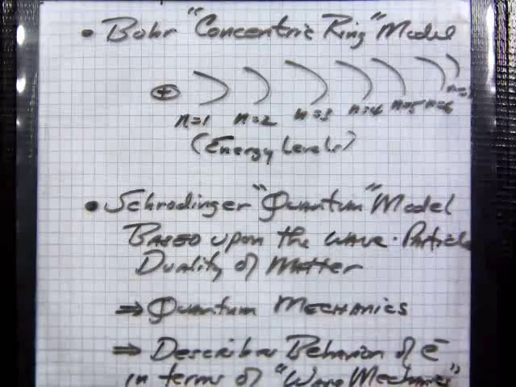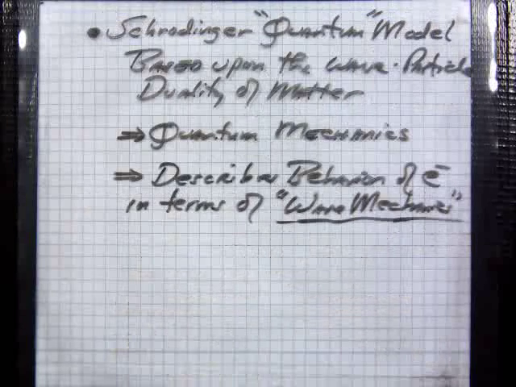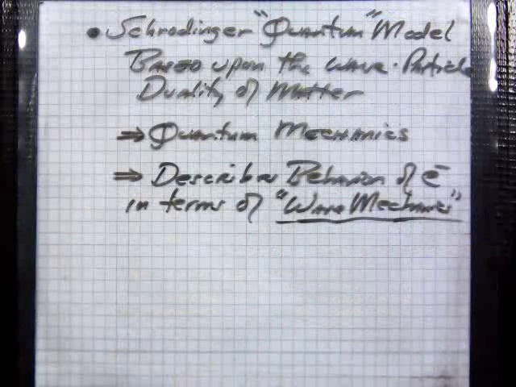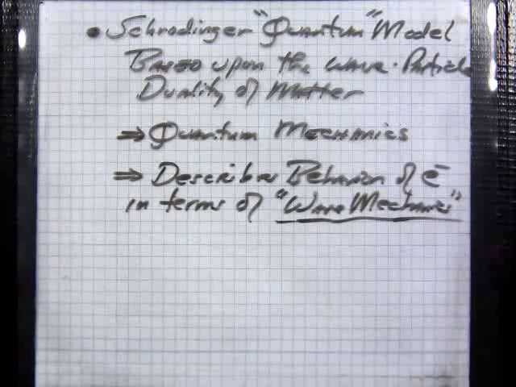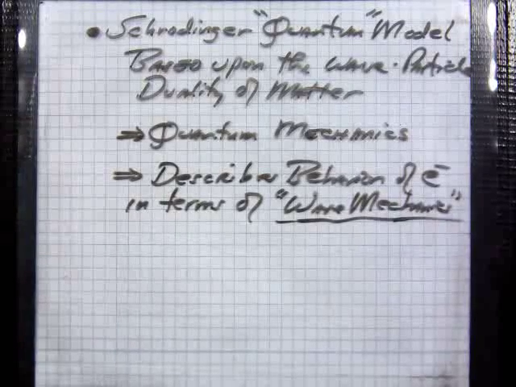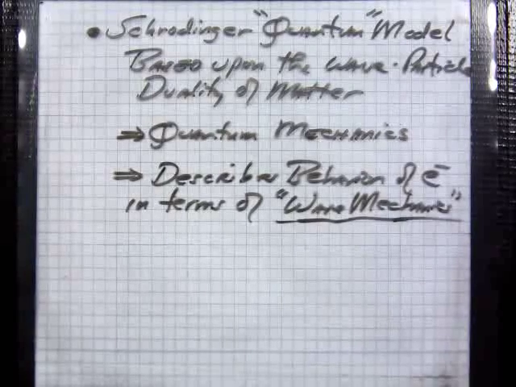Wave mechanics is the mathematical foundation for quantum mechanics. So wave mechanics is the probability of where the electron is going to be at a certain energy level and so forth. And we'll study that in detail as we get to the appropriate place in here.